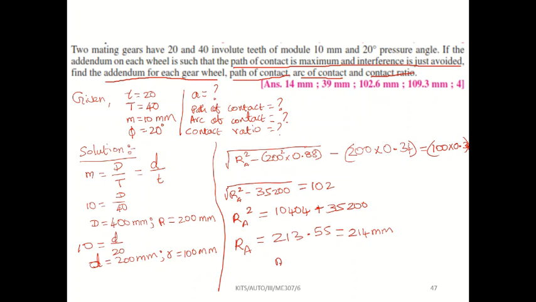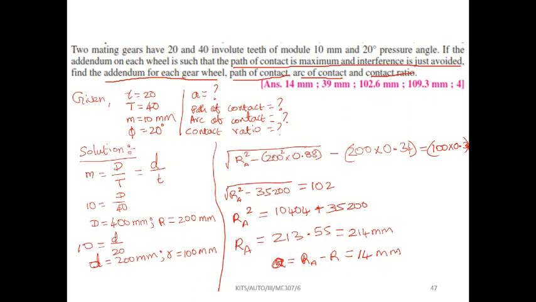So A equal to addendum, addendum A equal to R_a minus R. 214 minus 200, you will get 14 mm. Okay, so we got the addendum value now.